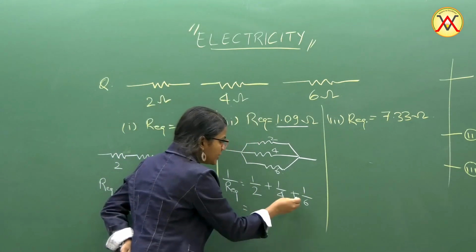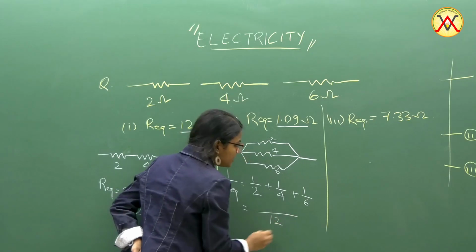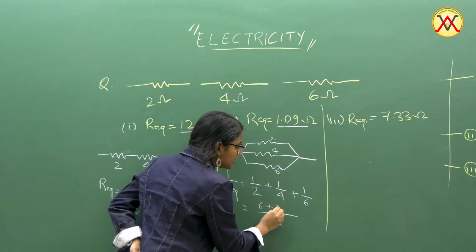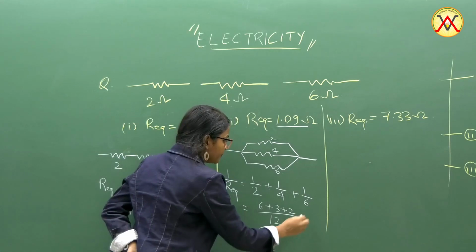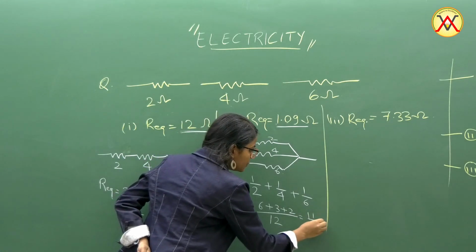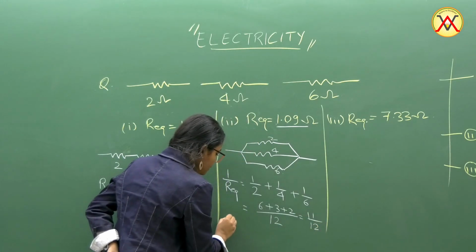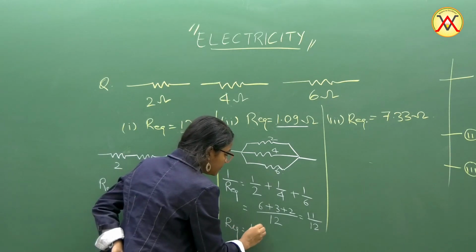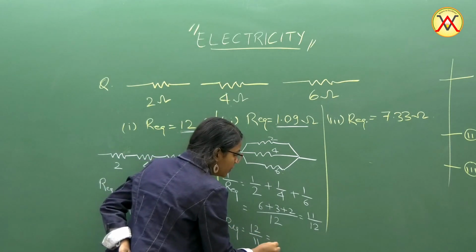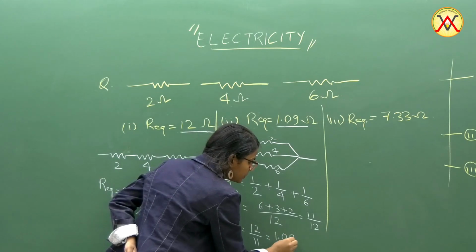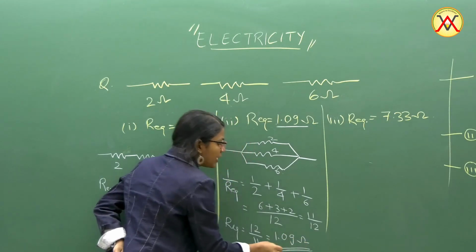If we just solve this, take LCM as 12, we will have 6 plus 3 plus 2, which is equal to 11 by 12. So our R equivalent becomes 12 by 11, which is equal to 1.09 ohms.